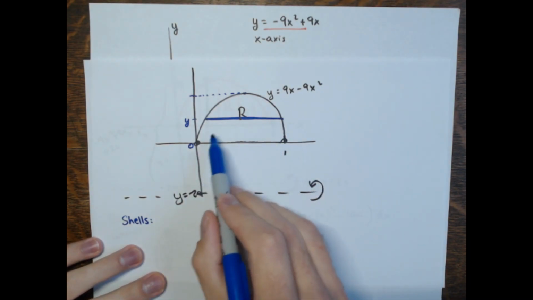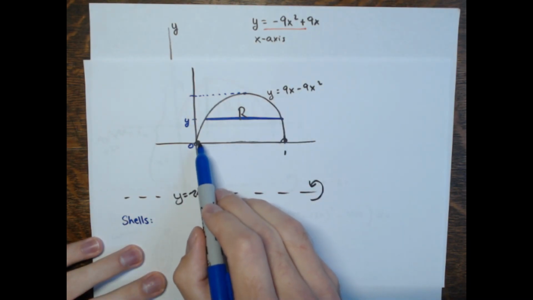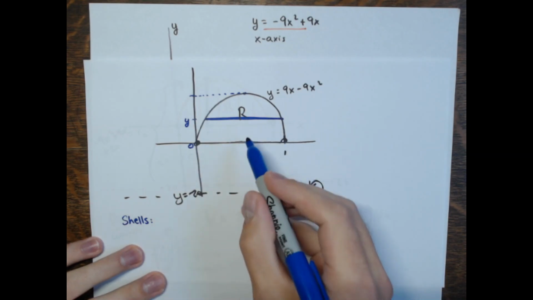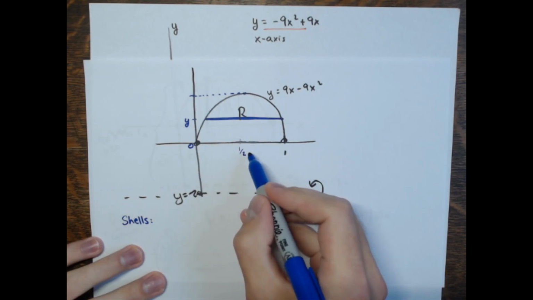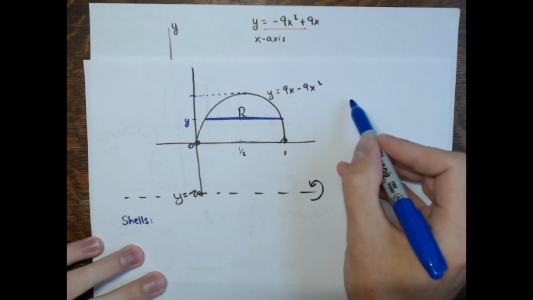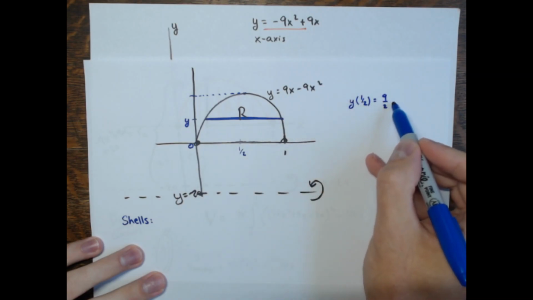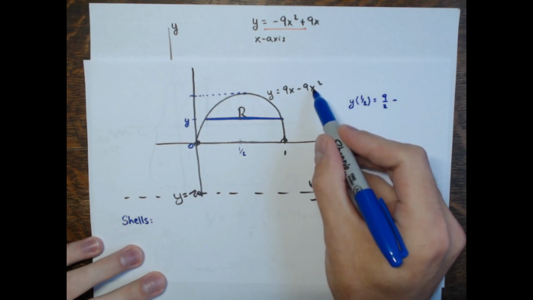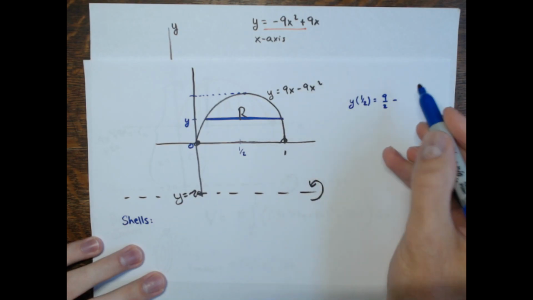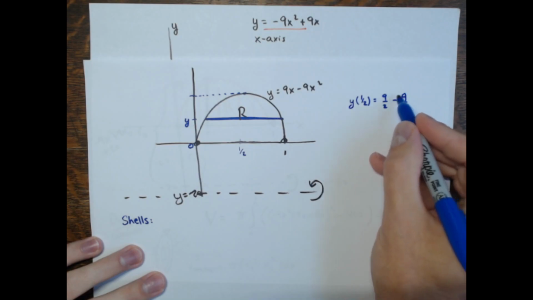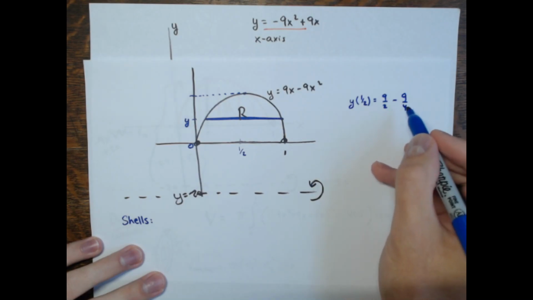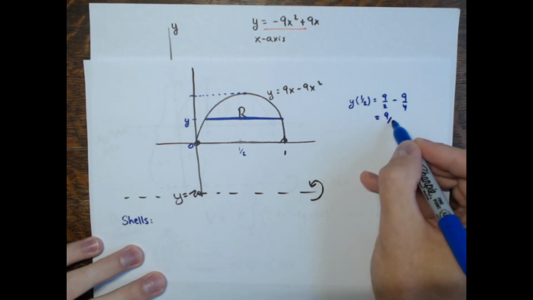Now, that would be at a half, right? This is a parabola with an x-intercept at 0, x-intercept at 1. So that would be at a half. And when I plug in a half here, y at a half would be 9 halves minus 9 times a half squared, which is 9 quarters. Pull the 9 out, half minus a quarter is a quarter. This is 9 quarters. Right?